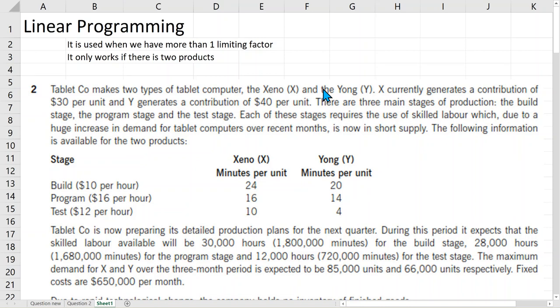And linear programming only works if we have two products, not more than two, not less than two. Because we will be preparing graphs, and on graphs one product will be put on x-axis, another product will be put on y-axis. And you don't have to worry about graph in F5 because there is no way in computer-based exam that you will be able to prepare graphs, but you just need to understand.